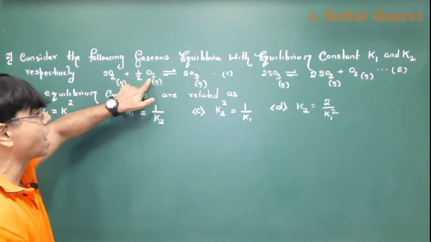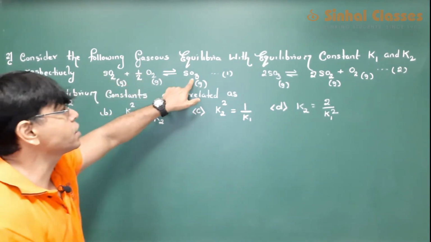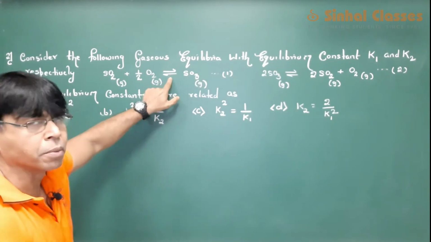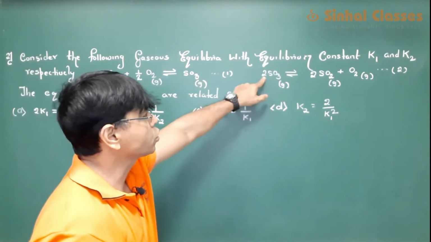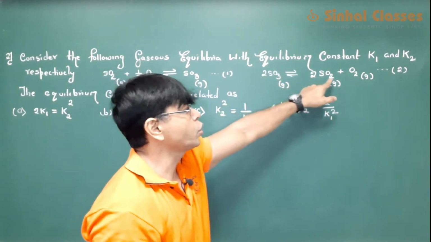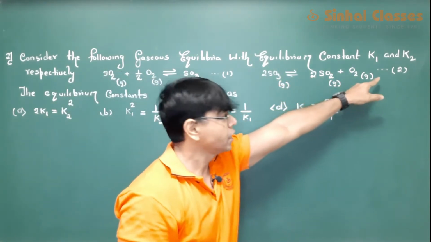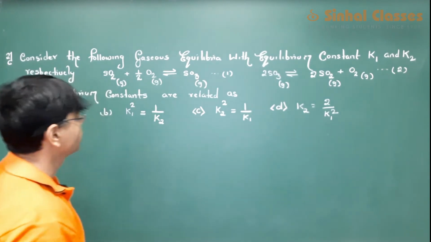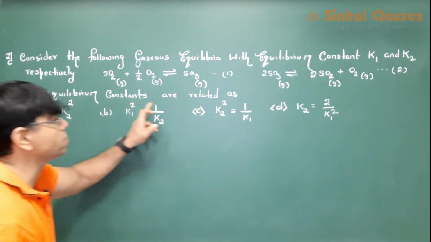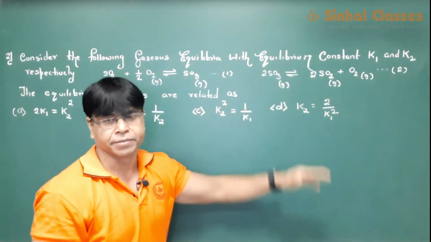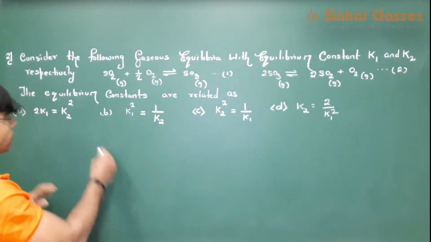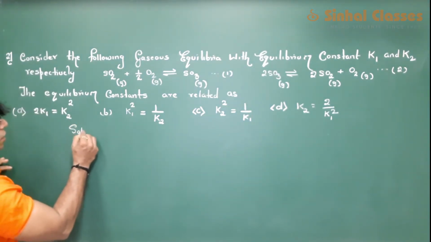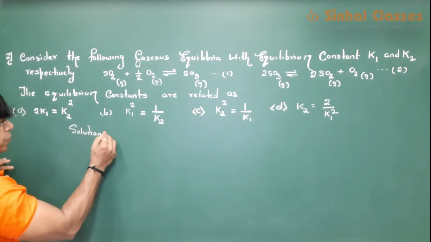SO2 gas plus half O2 gas giving us SO3 gas having an equilibrium, this is equation number 1. 2SO3 having equilibrium with 2SO2 plus O2 gas, equation number 2. How are the equilibrium constants related? Now it's a very interesting question. Let's see the solution part of it.